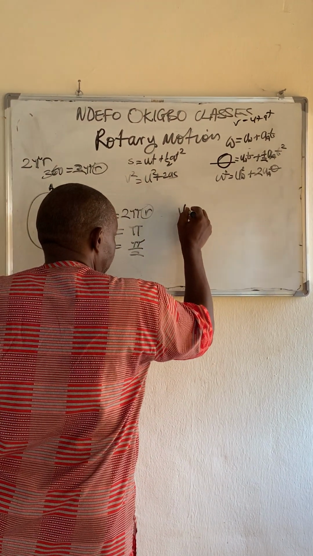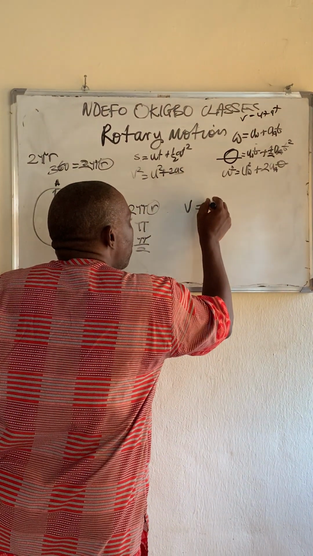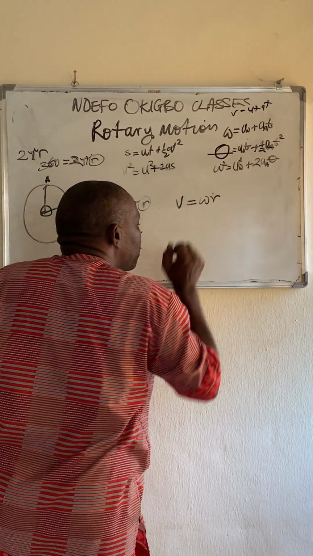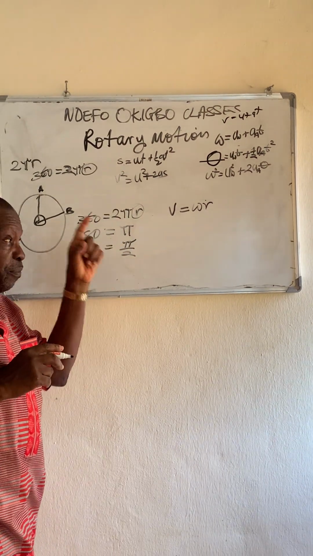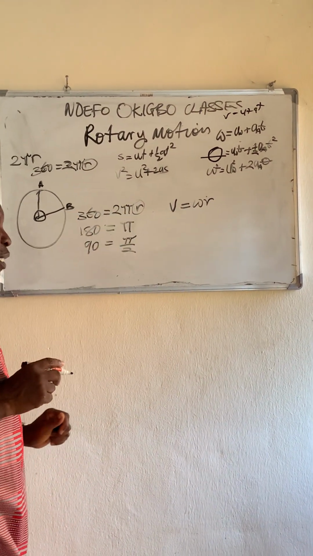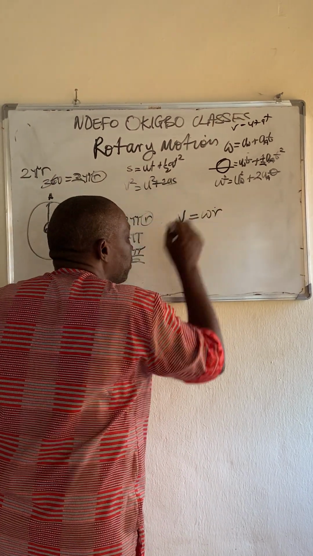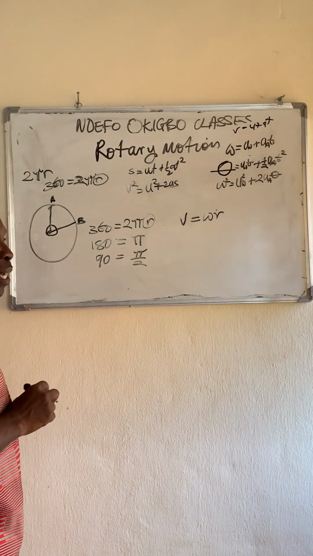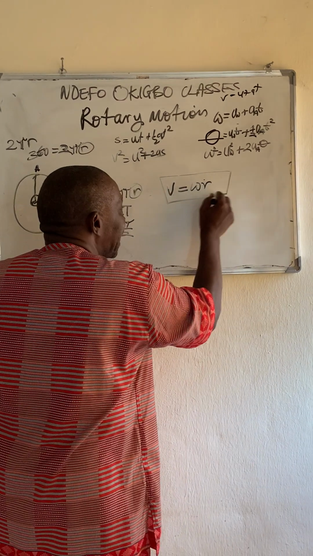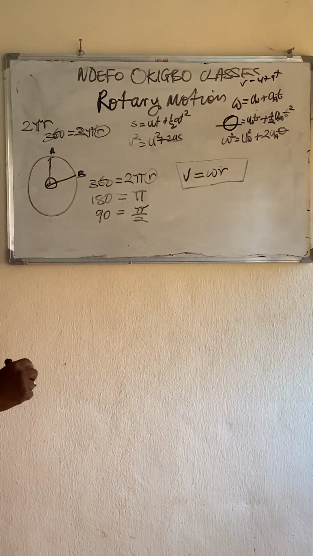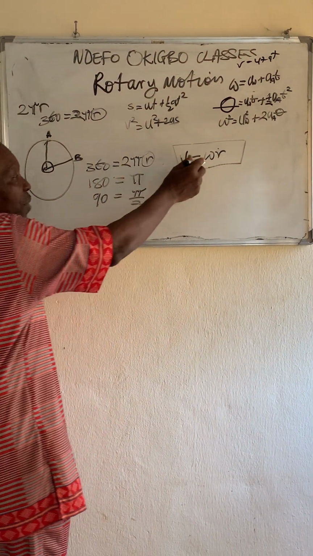So we have that v, which is that tangential velocity, is directly proportional to r, while the angular velocity at a particular point is constant. So at such a constant, the velocity is directly proportional to the radius of gyration, which is the radius. So this is the relationship between tangential velocity and the angular velocity.